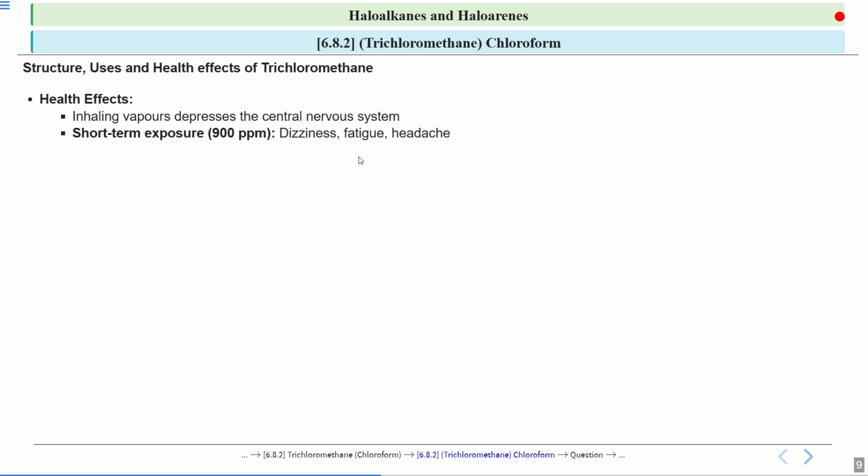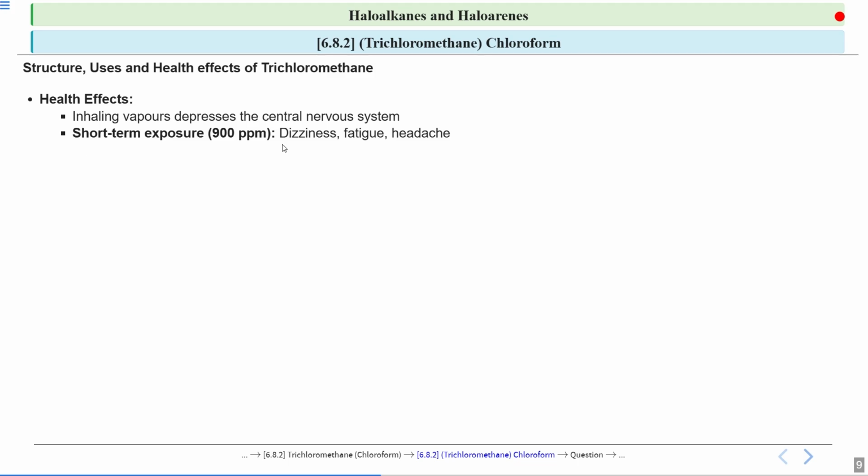What does this mean? 900 parts per million means the solution is very diluted at this concentration. So that means the concentration of chloroform is very low.